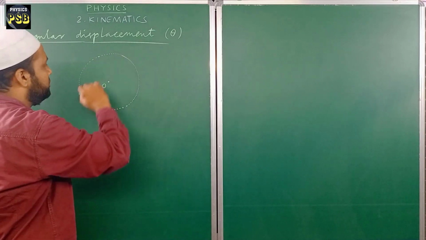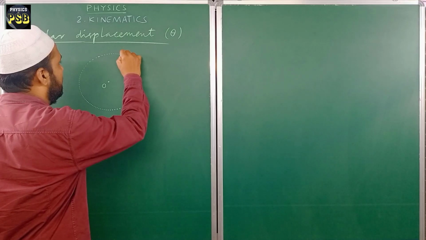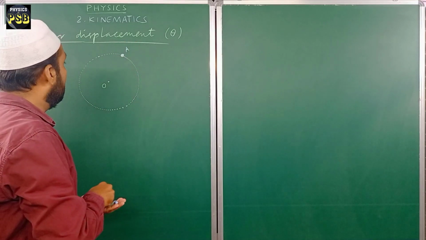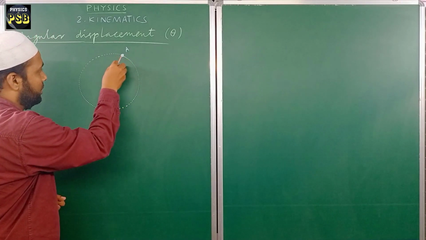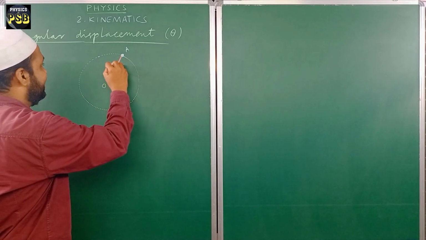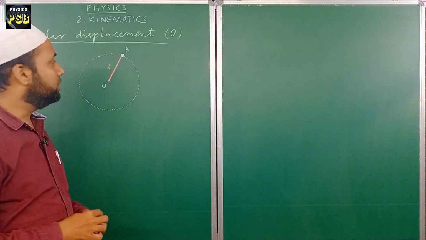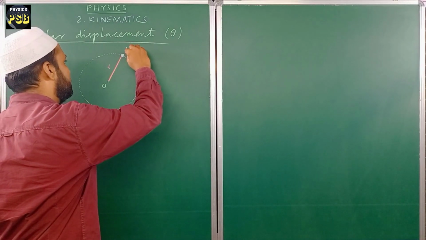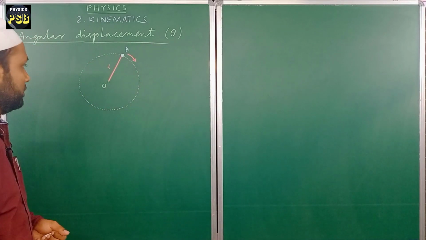Suppose an object is present initially at a point A. Now, I connect this object to the center. I can call this line as radius of this circular path. Suppose the object starts moving in this direction, in the clockwise direction.